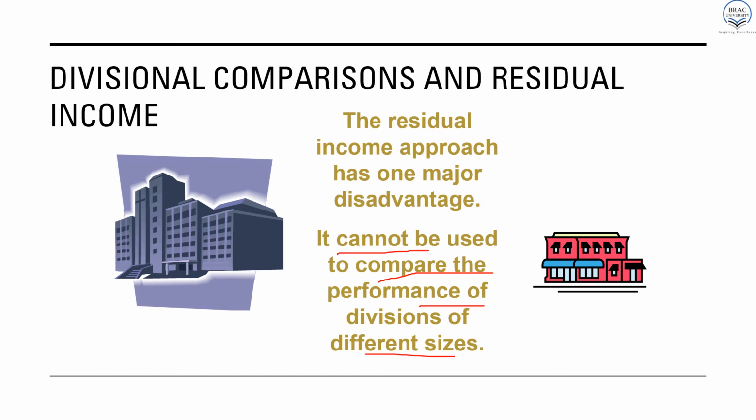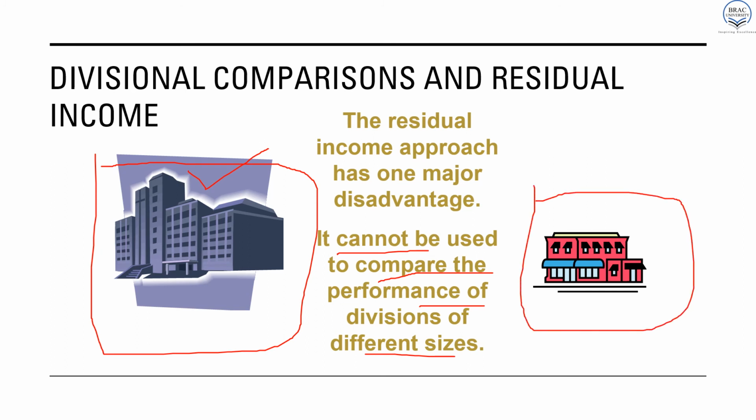The reason is operating assets. If one division has bigger operations, it will have more and more assets, but if it is small, it will have only small assets. That will create confusion if you compare their performance across different departments and divisions.